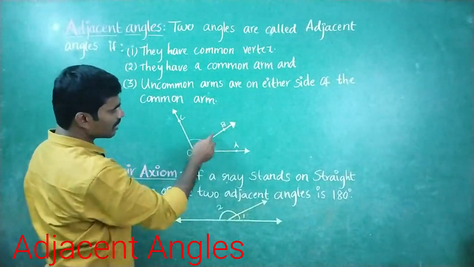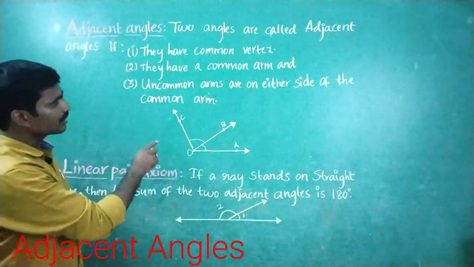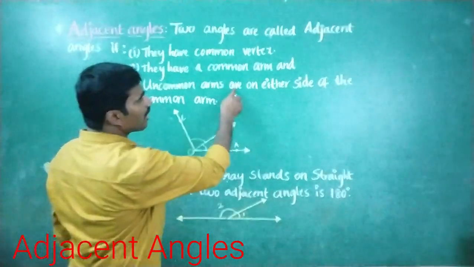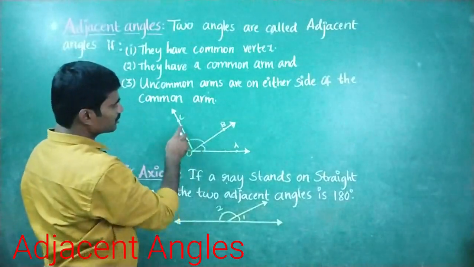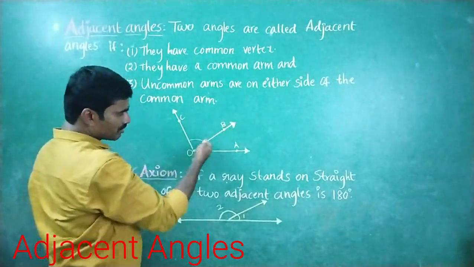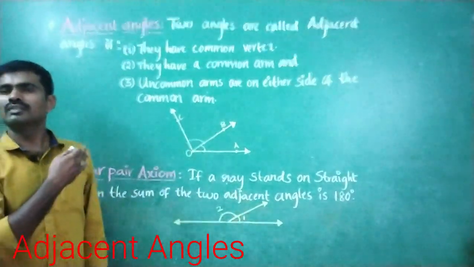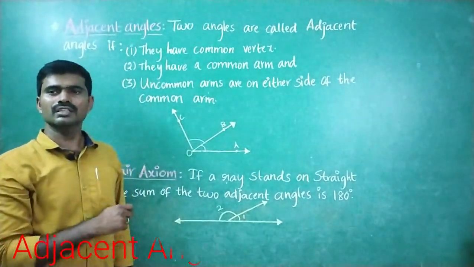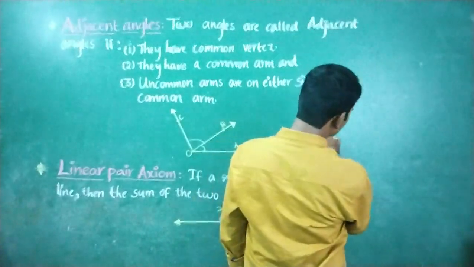This is the common arm, so these two other arms are called uncommon arms, and they are on either side of the common arm. So these two angles are said to be adjacent angles.